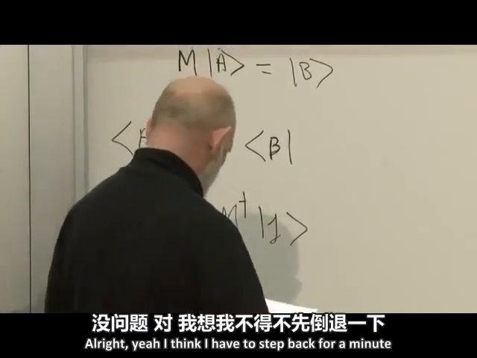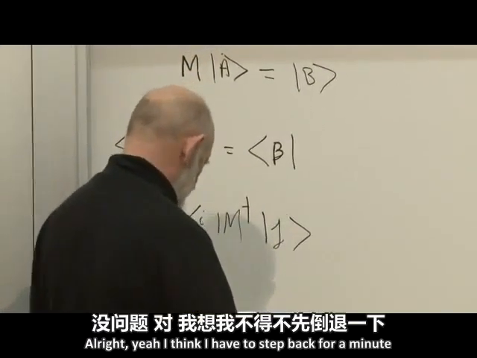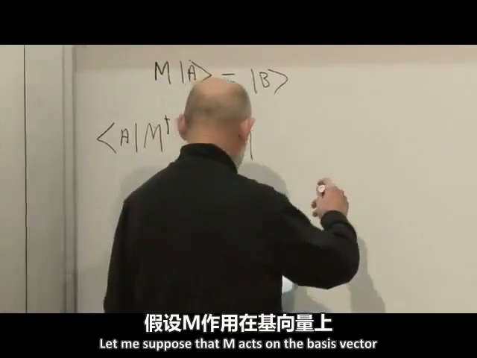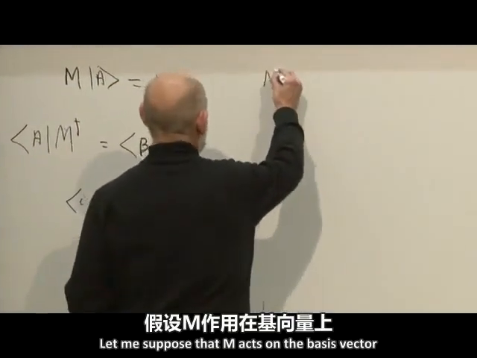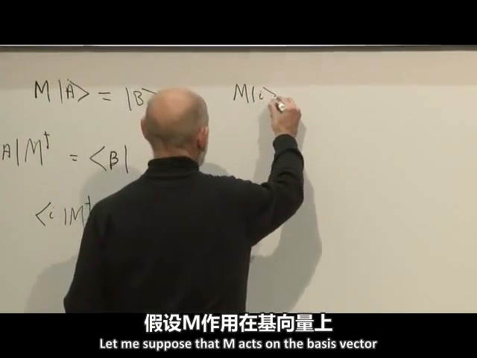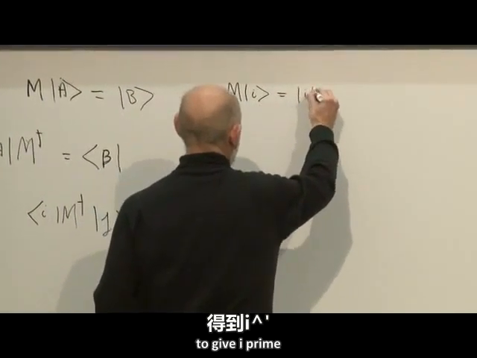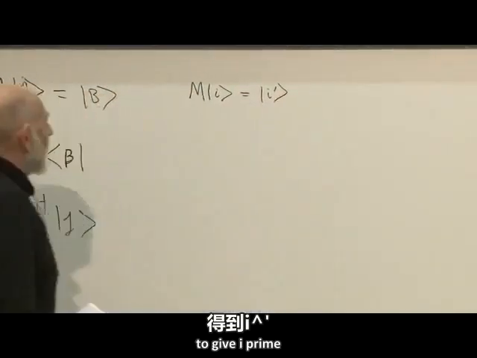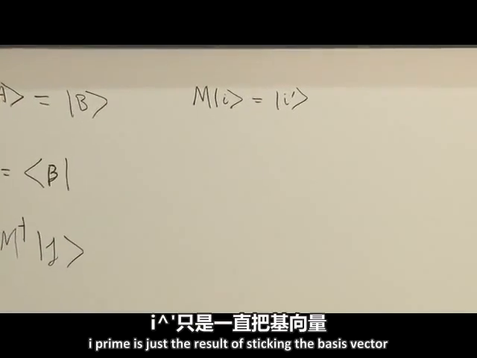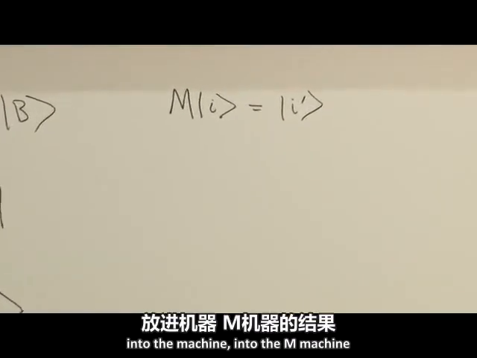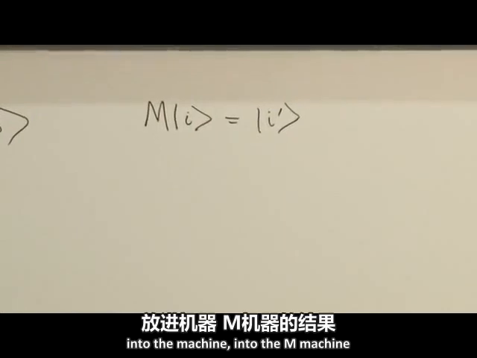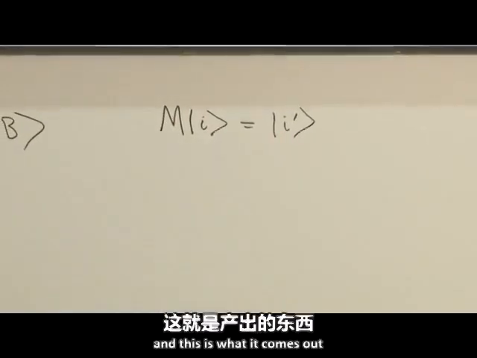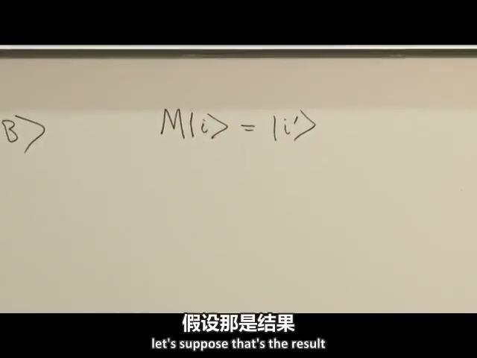All right. I think I have to step back for a minute. Let me suppose that M acts on the basis vector |i⟩ to give |i'⟩. |i'⟩ is just the result of sticking the basis vector into the M machine, and this is what comes out. Okay.